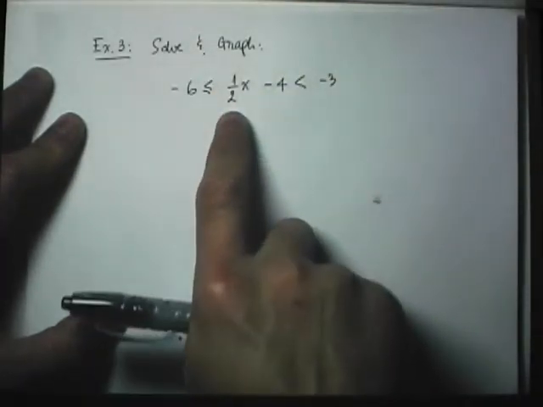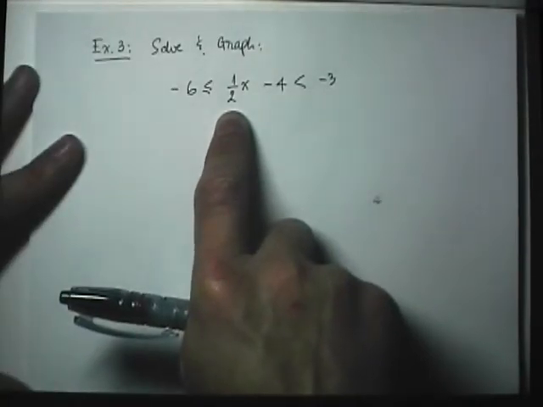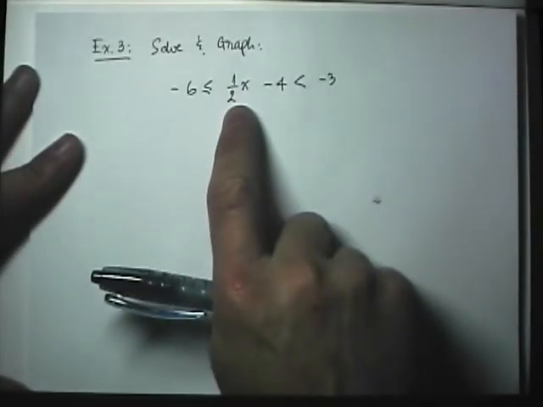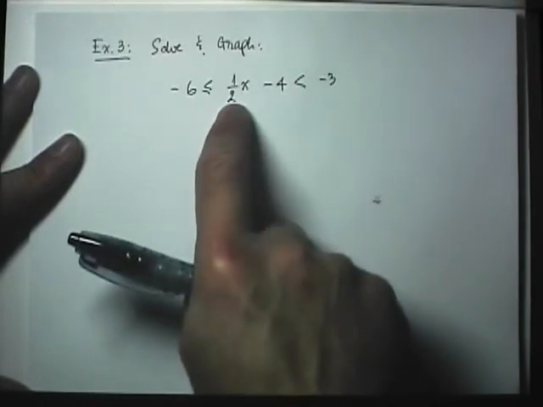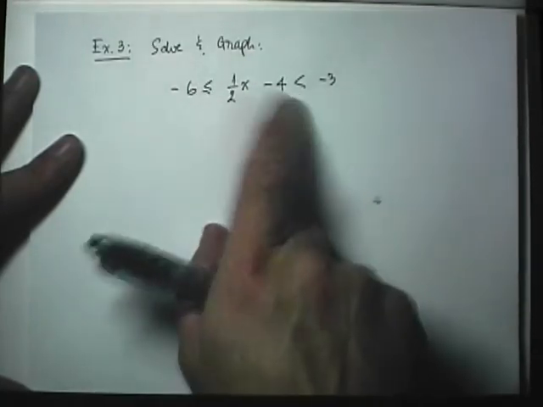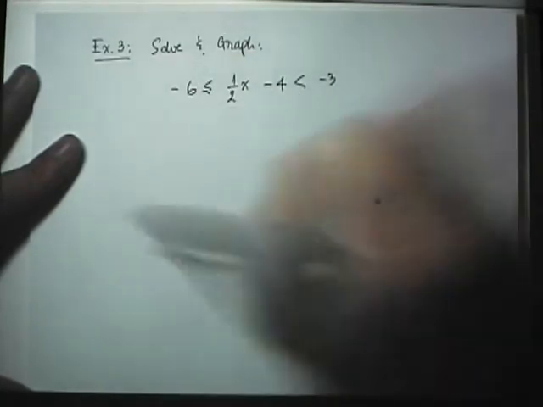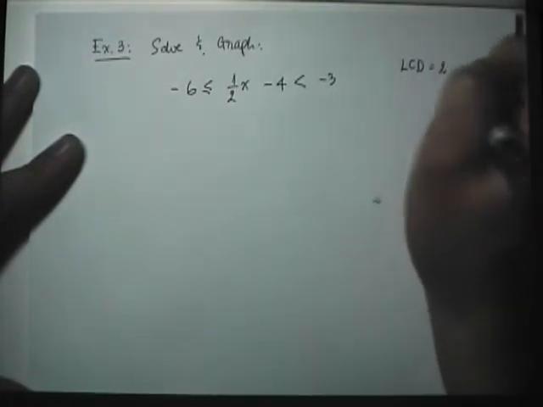I do not like fractions, but if you don't like them, you need to find your way to clear them away. One of the denominators is 2, the others are 1, so my LCD in this case will be 2.